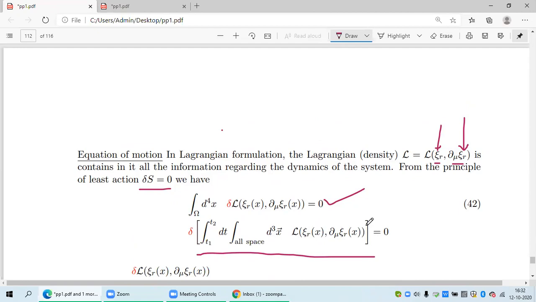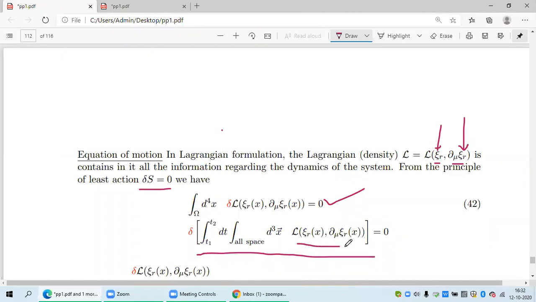Okay, so I am applying the variational principle. I say that the whole system of field evolves from time instant t1 to t2. When I say it is evolving, I am making no comment about at which point it evolves. I am saying that the entire system of field, which contains the description of the field at all space points, evolves from t1 to t2.